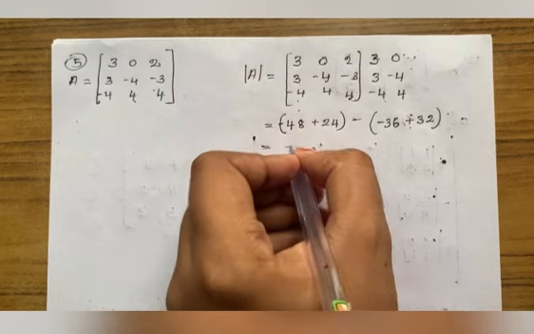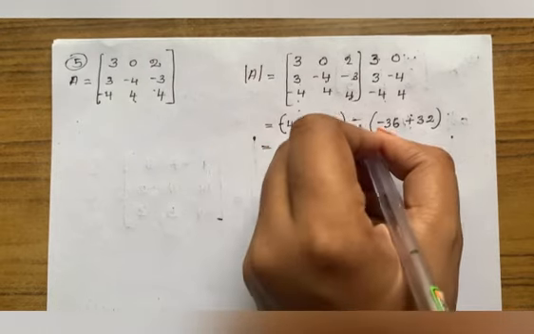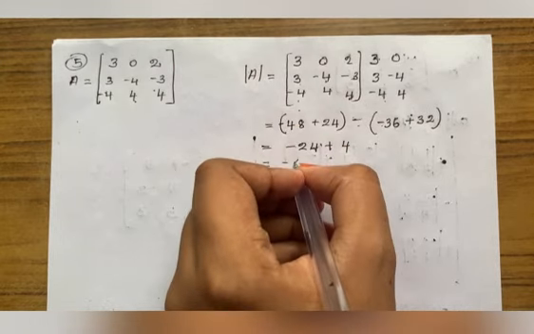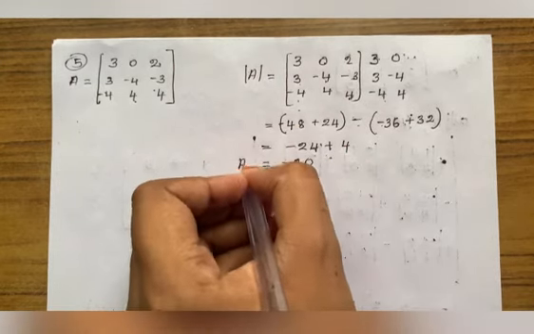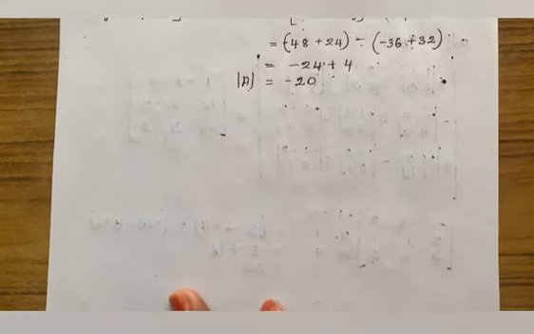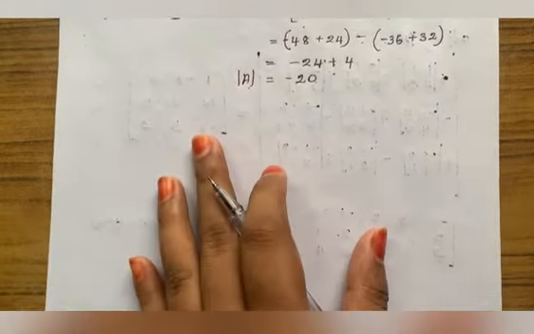So minus 48 plus 24 is minus 24. Minus 36 plus 32 is minus 4. So that would be plus 4, and the determinant is minus 20.